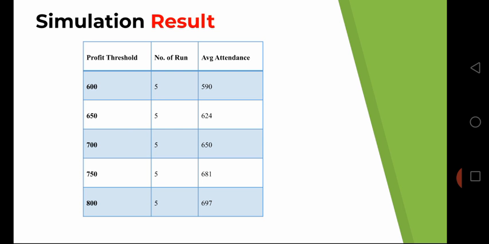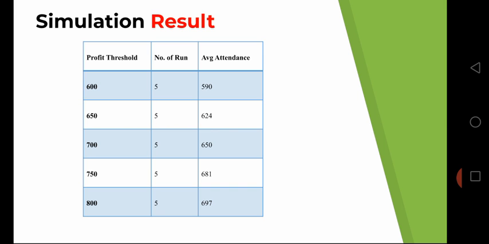Okay, so the result and analysis. The parameter for the profit threshold is set to 600 because the event fee is around 400. So the profit threshold is slightly higher than the fees that the business operator is going to pay.